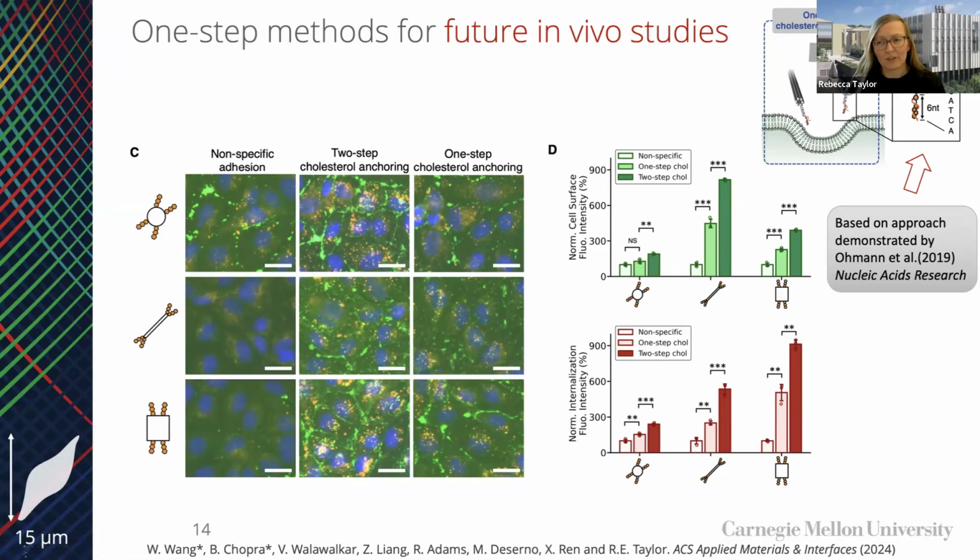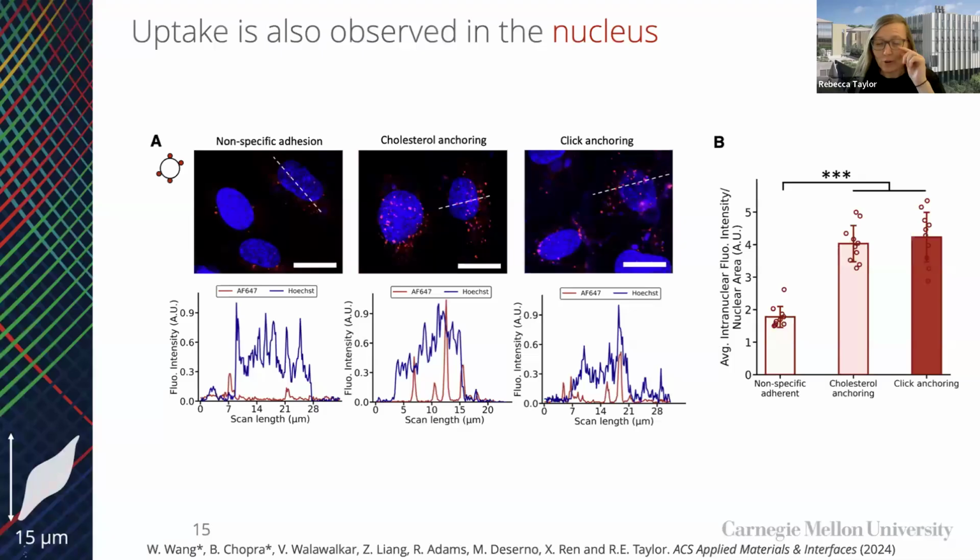It's not as good as two-step, but it's really good. And then you could imagine starting to deliver these potentially in vivo, in environments where you don't want to flood a system with an initiator, right? You can just have one particle.